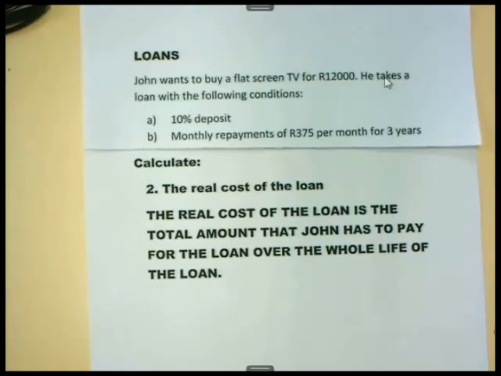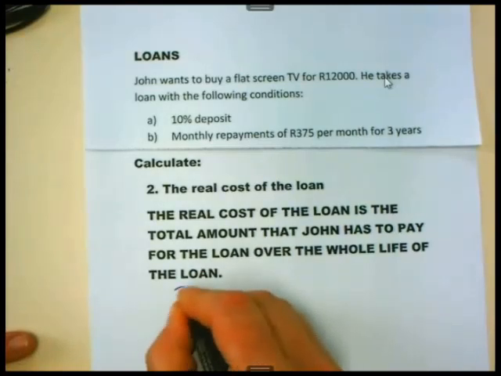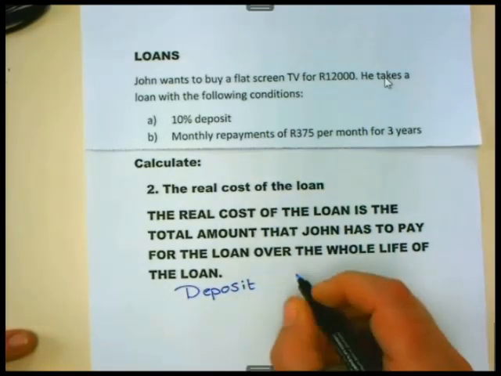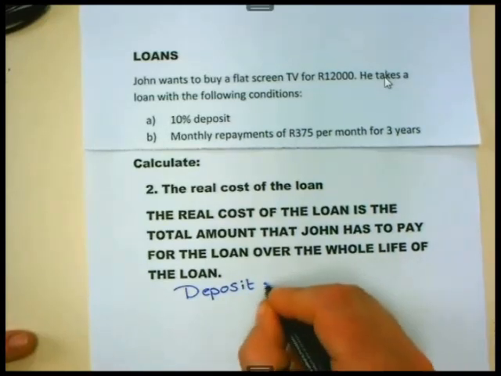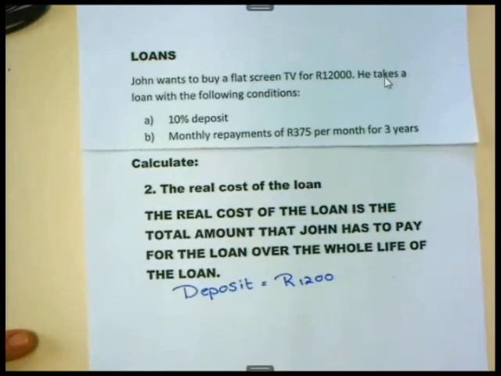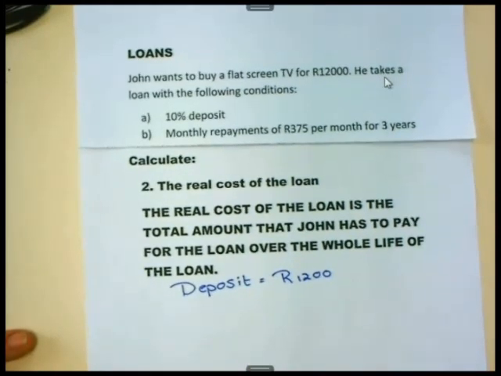Now, the real cost of the loan, we can say it is the total amount that John has to pay for the loan over the whole life of the loan. Now, we already worked out that John has to pay a deposit of 10%, and 10% deposit on the 12,000 rand turned out to be 1,200 rand. Remember, John had to pay that before he could take the TV from the store.